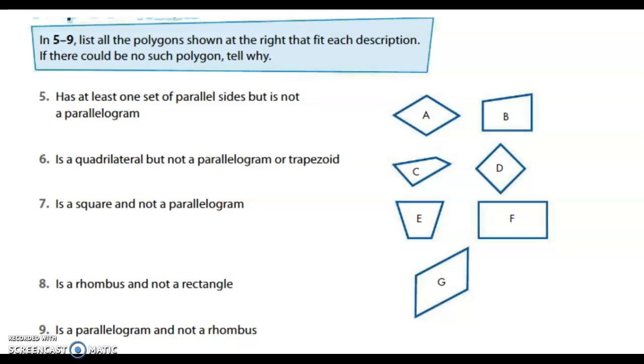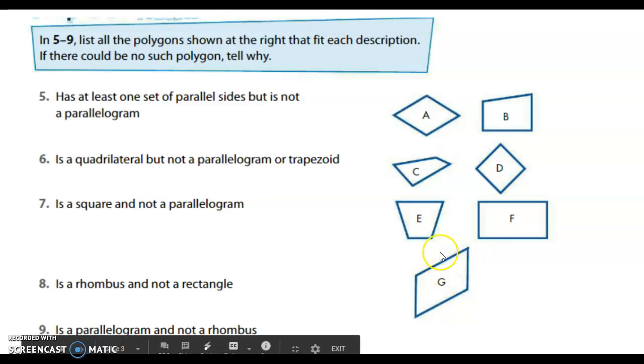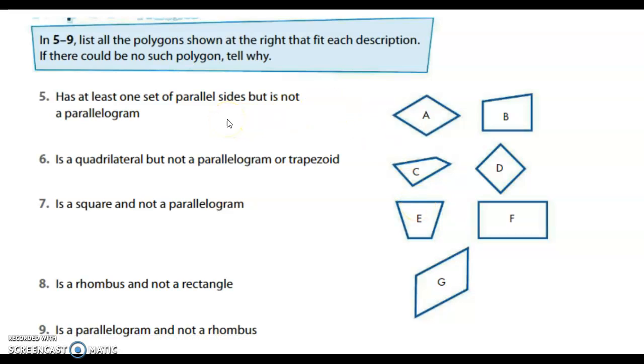For number 5, it says, has at least one set of parallel sides, but not a parallelogram. So it's asking us to look at A, B, C, D, E, F, G and at their attributes. This one only has one set of parallel sides. It's not a parallelogram, so it doesn't have two sets of parallel sides.